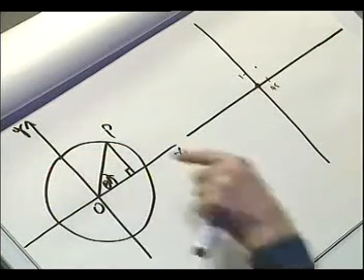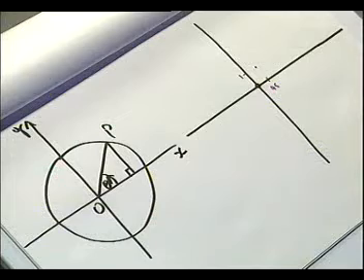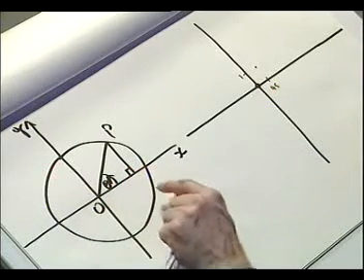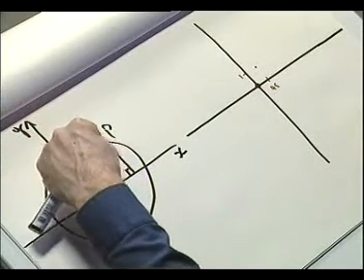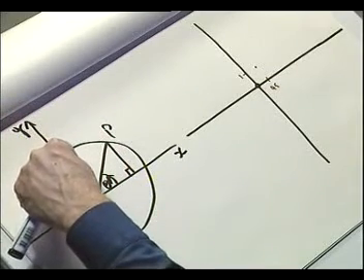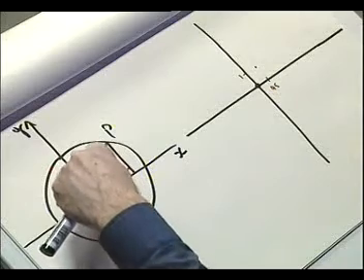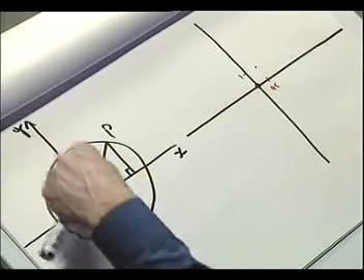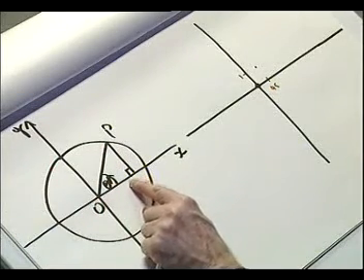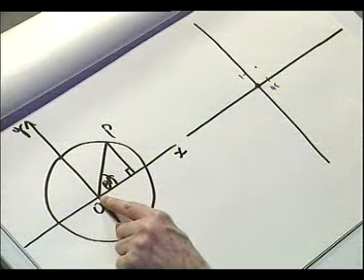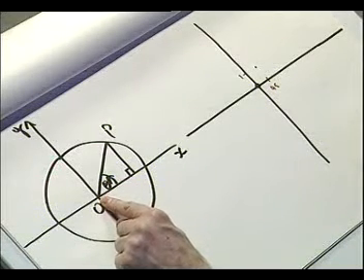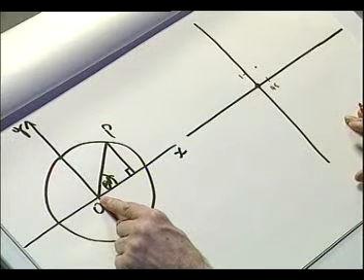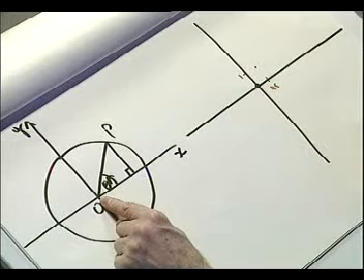What happens as we come up towards 90? Well, the projection onto the y-axis is getting bigger and bigger, approaching 1. But the projection onto the x-axis is getting smaller and smaller and smaller, and it's that we are dividing by. So we're dividing something approaching 1 by something that is getting smaller and smaller and smaller.